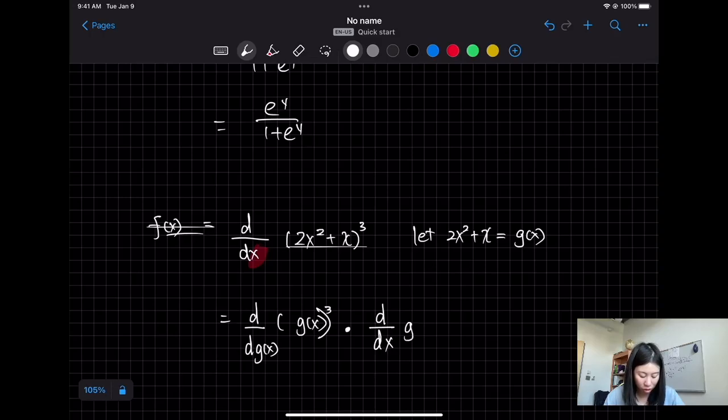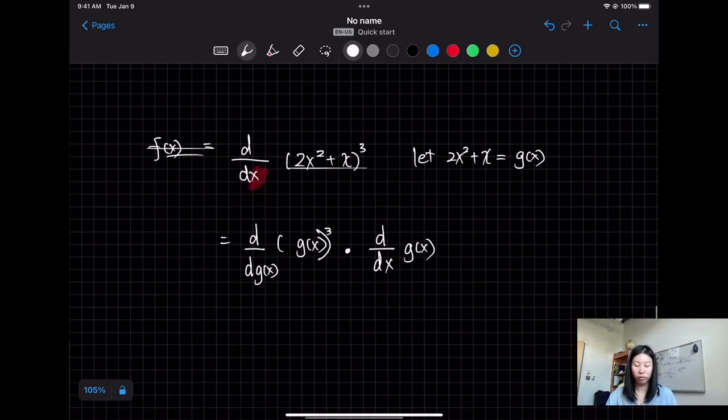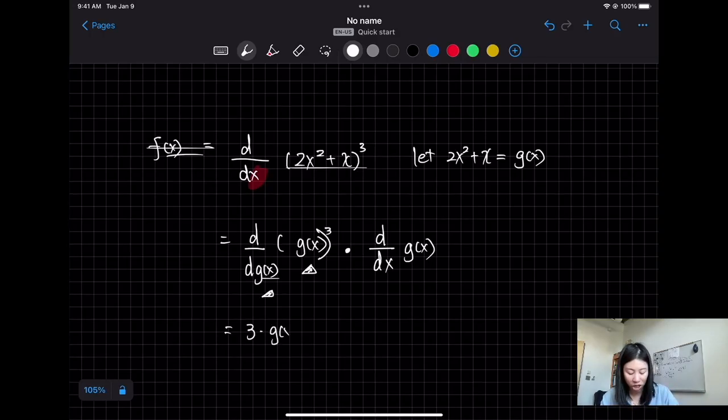Now for the first part, we look at g of x as a whole number because we are taking the derivative with respect to g of x. So this is equal to 3 times g of x to the second power, times the derivative of g of x, which is the derivative of 2x squared plus x.